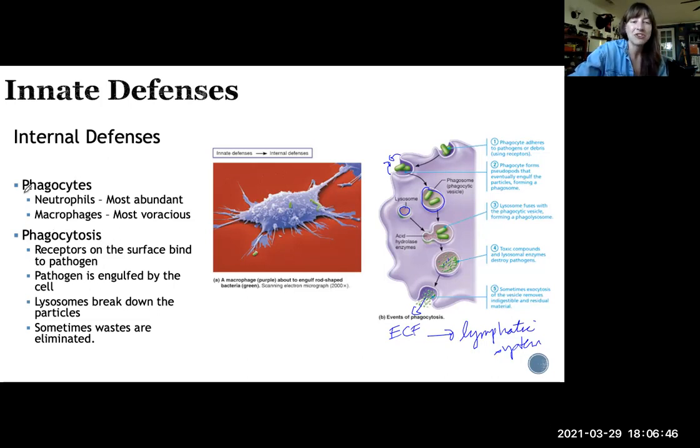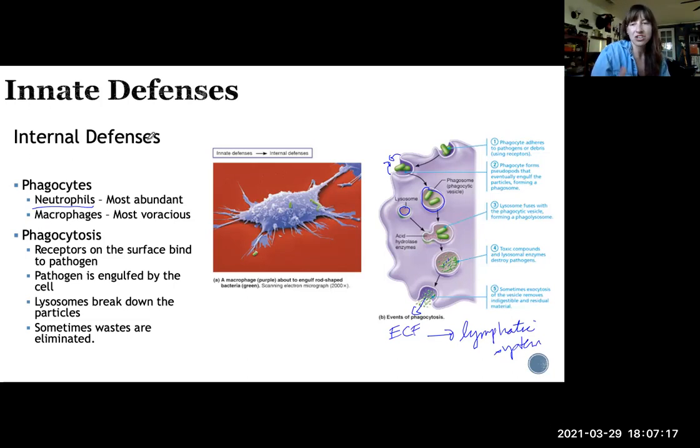The two major phagocytes of your innate immune system are called neutrophils, which are really common. They're throughout. They're just basically hanging out in your bloodstream at any given time. You take any blood sample, most images of a blood slide, you're going to be able to find neutrophils. They're everywhere. They're very abundant. They're immune cells. They go around eating bad things generally, right? Because this is innate, general defense.